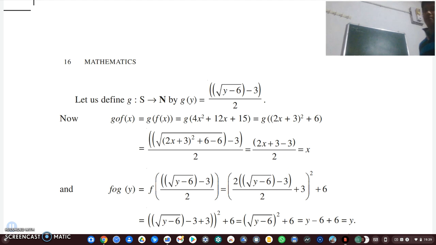This is the value that we are getting. So if you are seeing this equation, is it true that for every value of y there is an existing x? Yes, for every value of y there is an existing x.